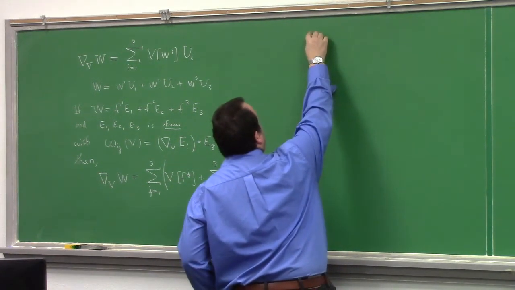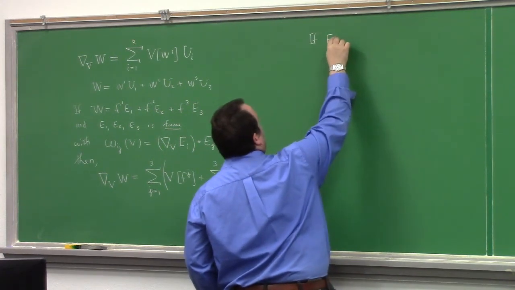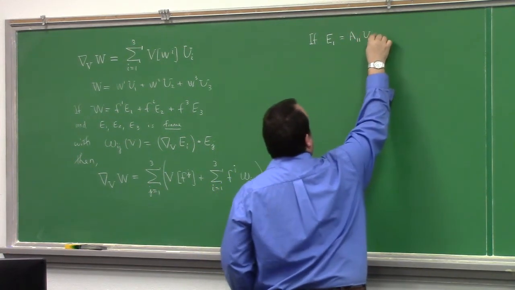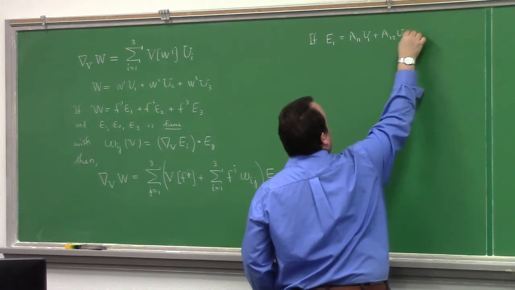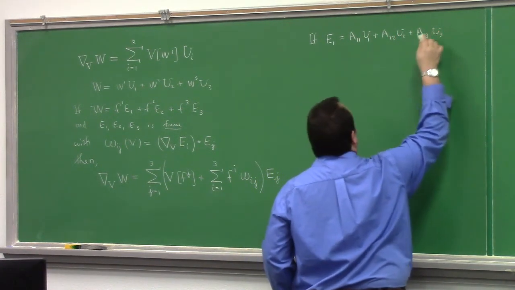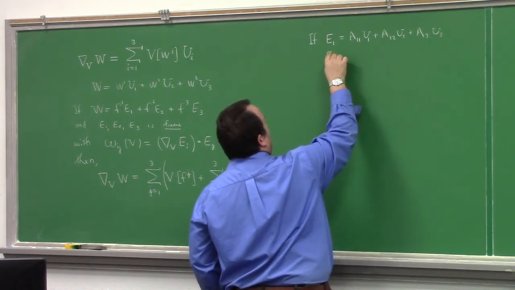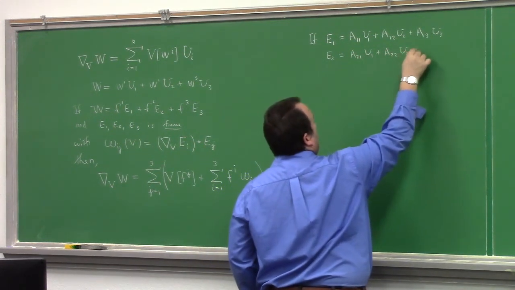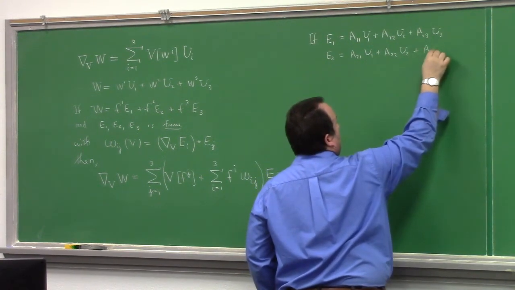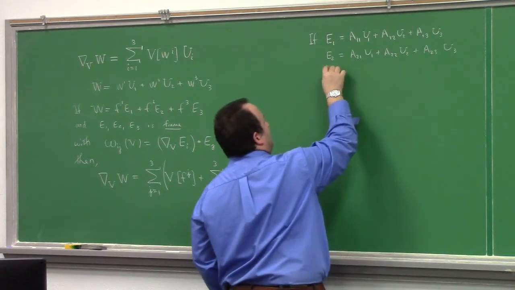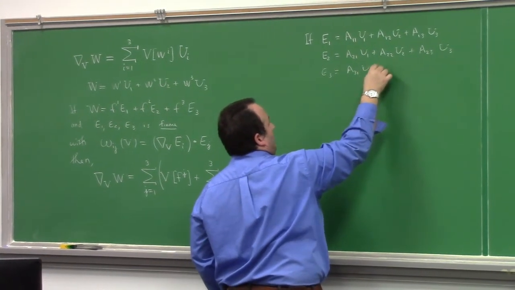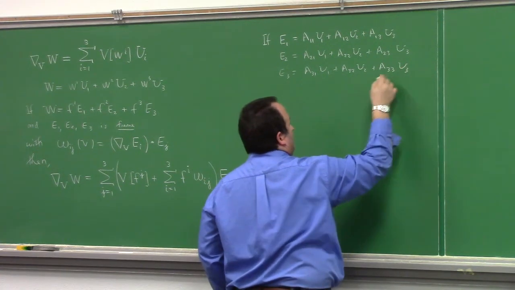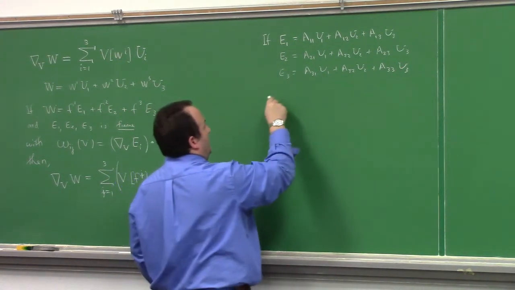So remember, if E1, let's say, equals A11 U1 plus A12 U2 plus A13 U3, and E2 is A21 U1 plus A22 U2 plus A23 U3, and E3 equals A31 U1 plus A32 U2 plus A33 U3, then these coefficient functions form the what?